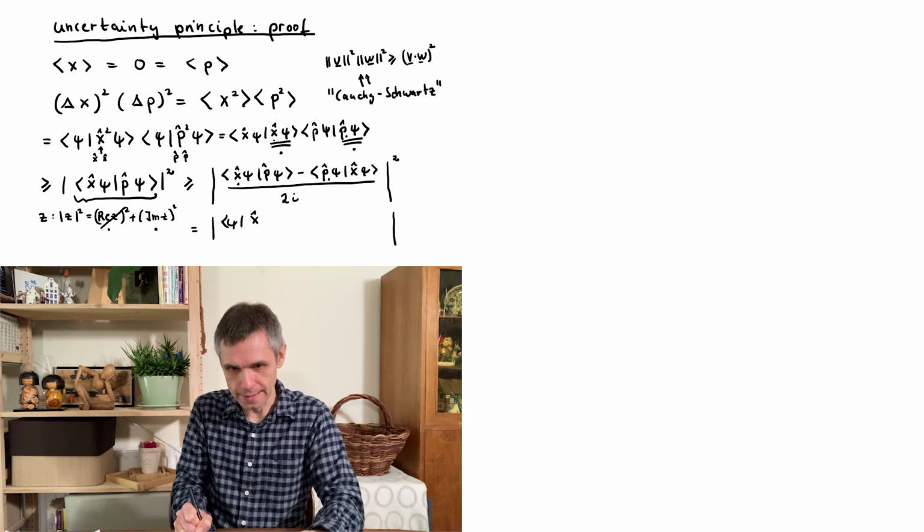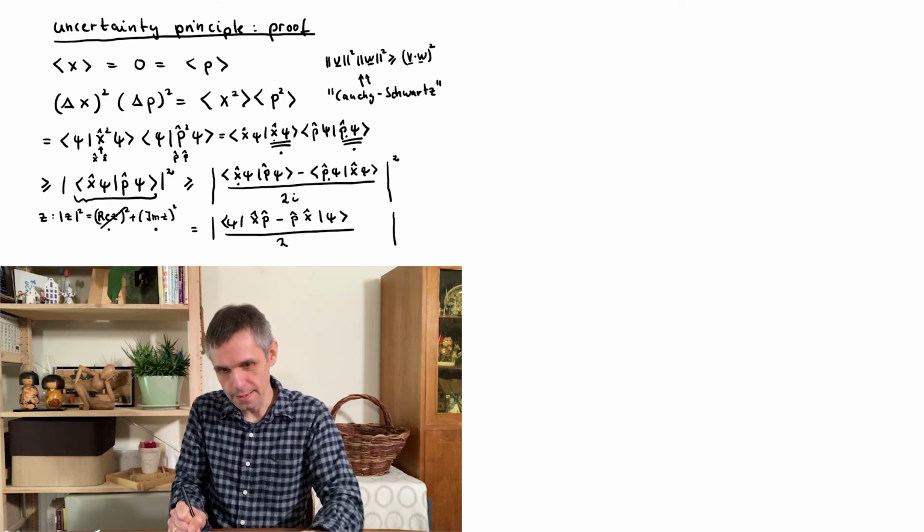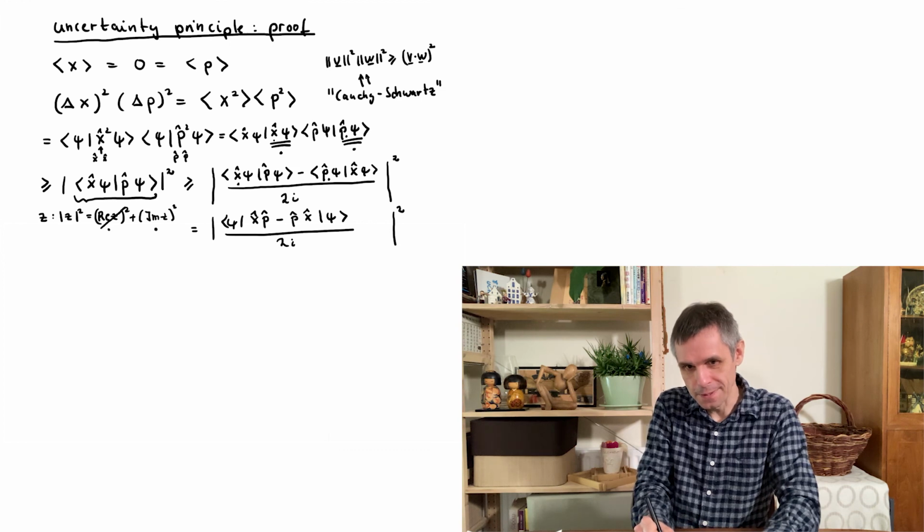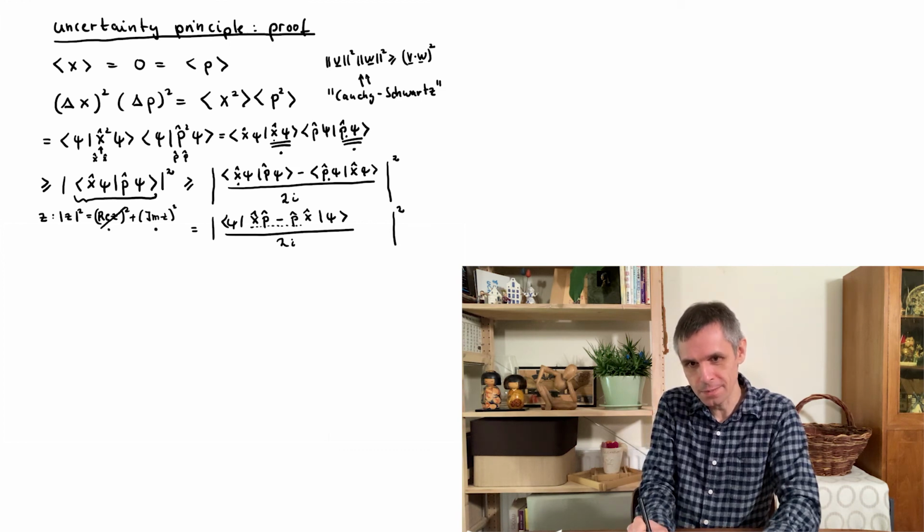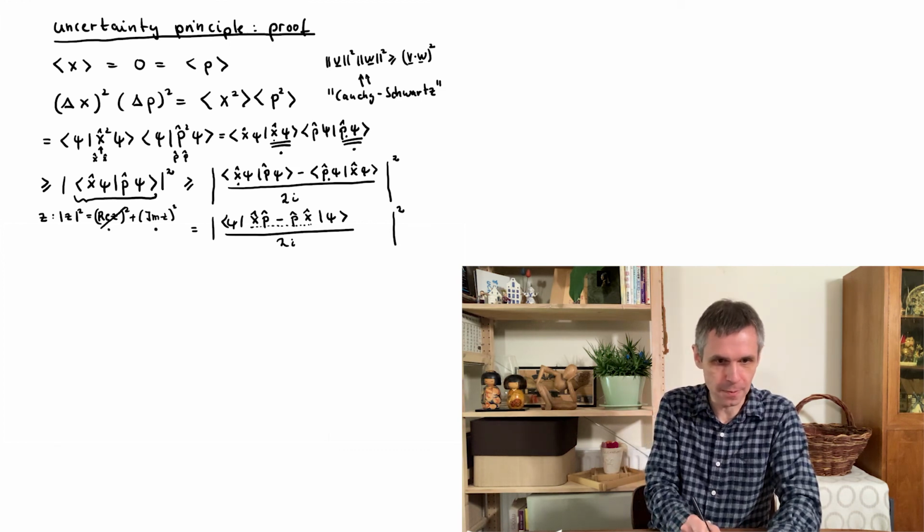So we have here xp, and then we have another term which is just px, and we can indeed combine these already. So we get this expression here. So here we just have our commutator between the position and momentum operators, x and p, which is simply i h bar.